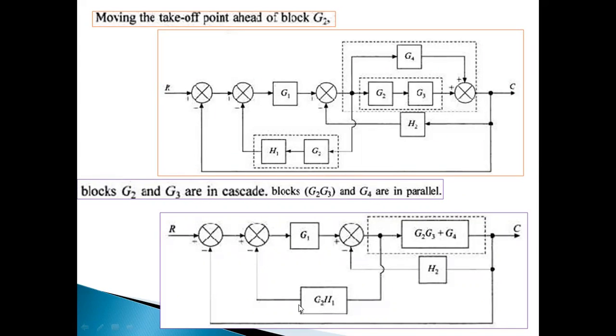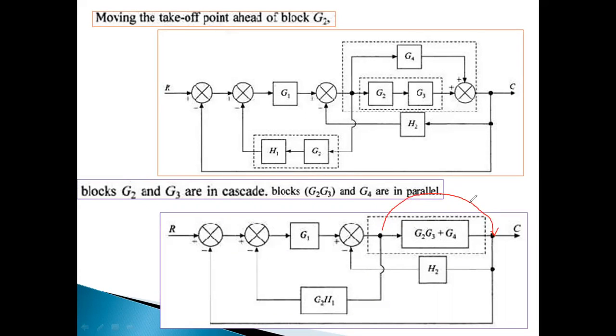And again we can eliminate this feedback, and again eliminating feedback, we can eliminate this unit feedback loop. So we move a takeoff point after this block.